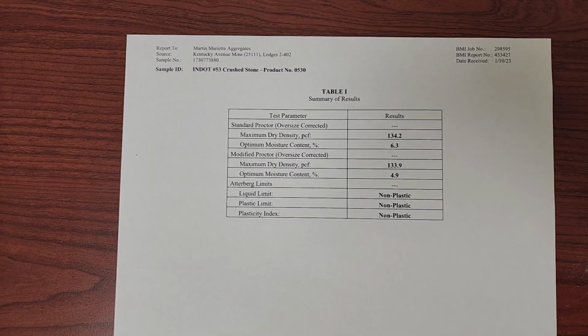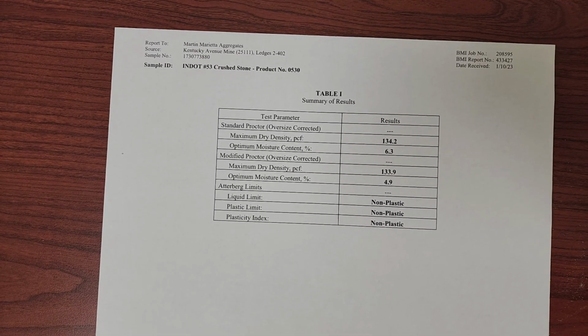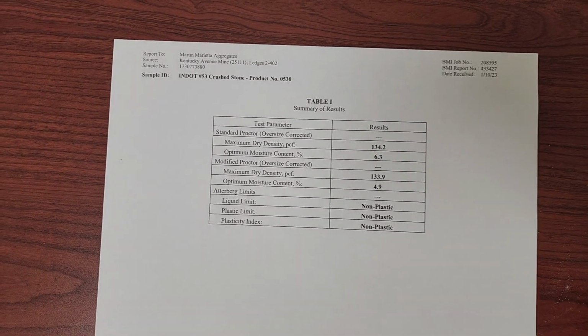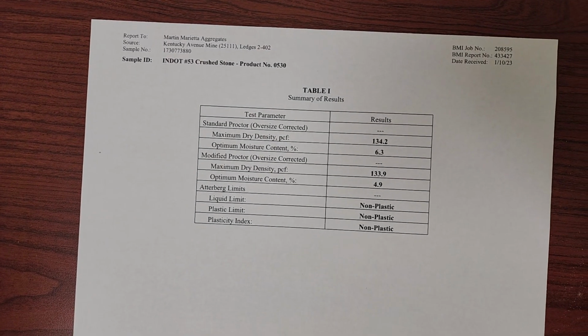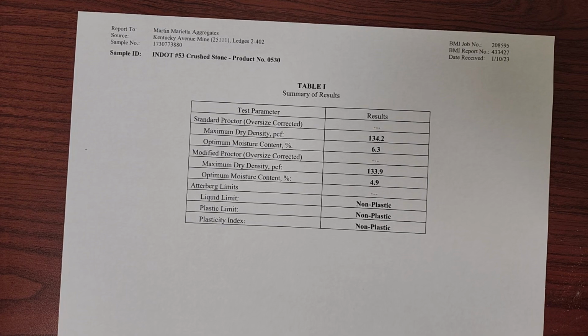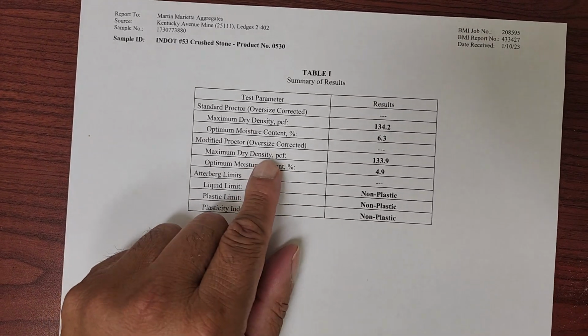Atterberg limits is your plasticity limit minus your liquid limit. And basically, most soils are, unless they're clay, because clay holds a lot of moisture, most of them are going to be non-plastic. And let me correct something.